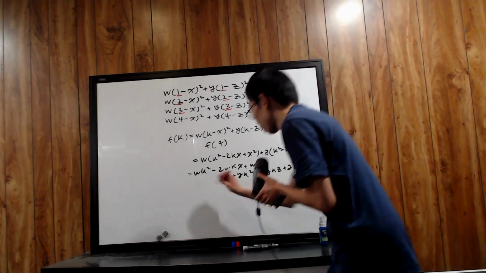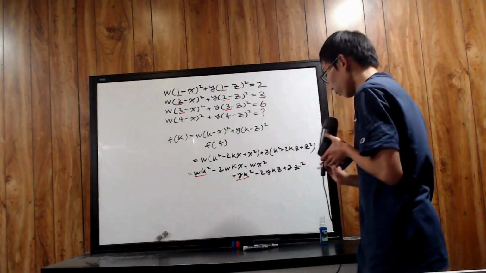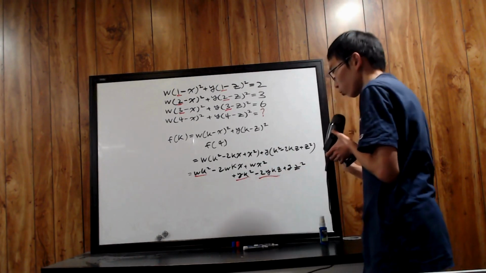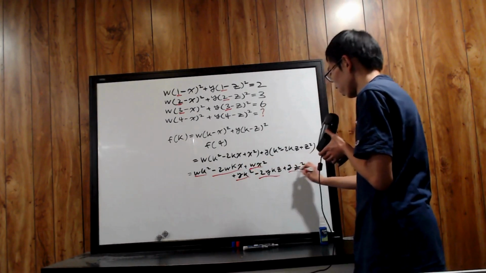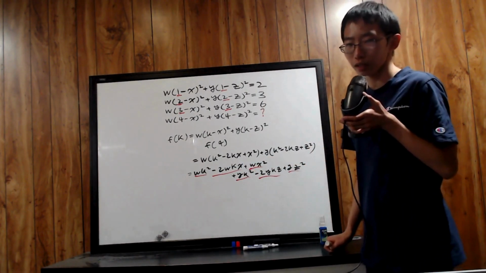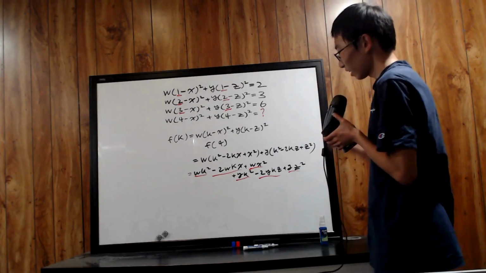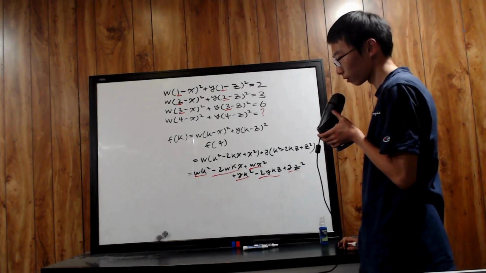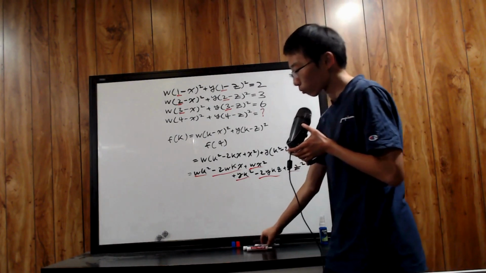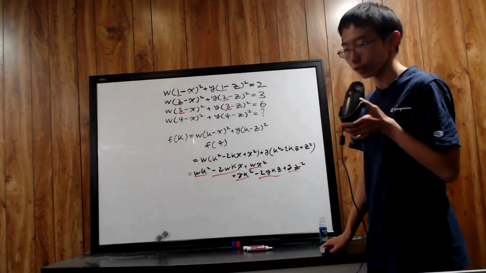So notice we have k squared terms here, right? And we also have regular k terms, so k to the 1 terms. And we have constant terms, like these two. If we treat w, x, y, and z as constants, we have a quadratic expression in terms of k.